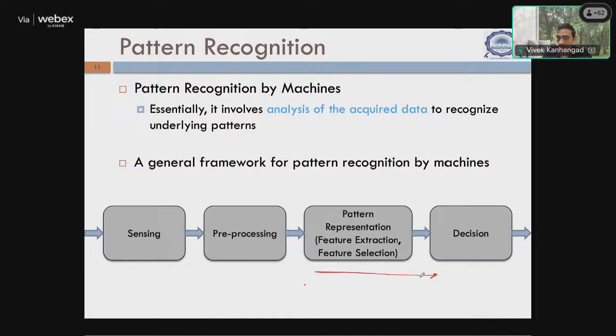If you look at it, after that there have been several methods. Mostly research is focused on this stage. Sensors, of course, have nothing to do with us. We don't deal with sensor design. We only work after we capture the image or data signal.